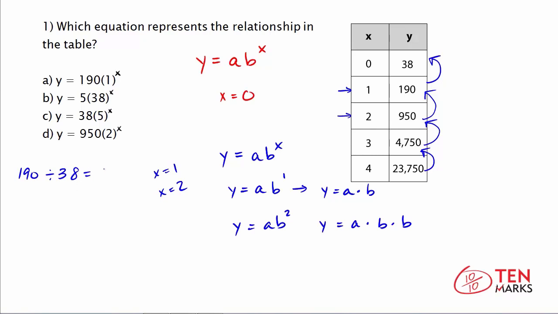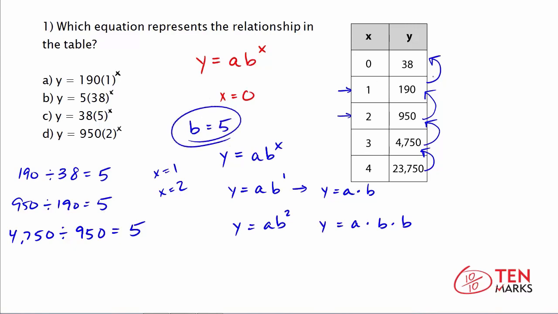And 190 divided by 38 equals 5. Now let's do 950 divided by 190. 950 divided by 190 equals 5 again. 4,750 divided by 950 now. And as you might guess, the value is 5. Now we know that b equals 5. We've learned that from the table.